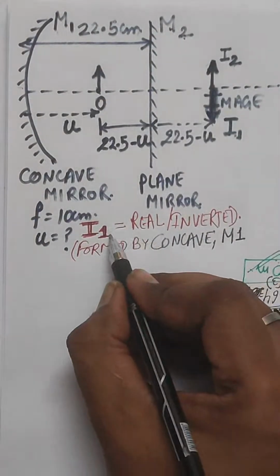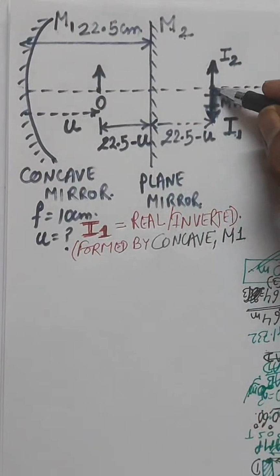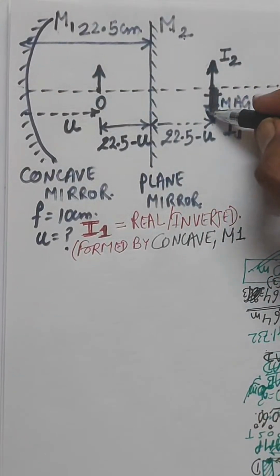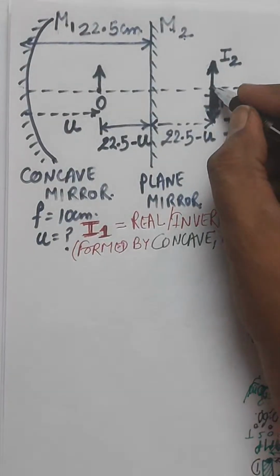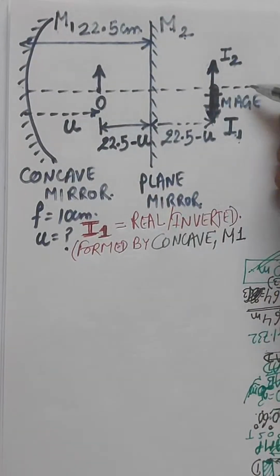So that's why the nature of this image is real and inverted, which I am showing over here. But the position of both I1 and I2 are the same.